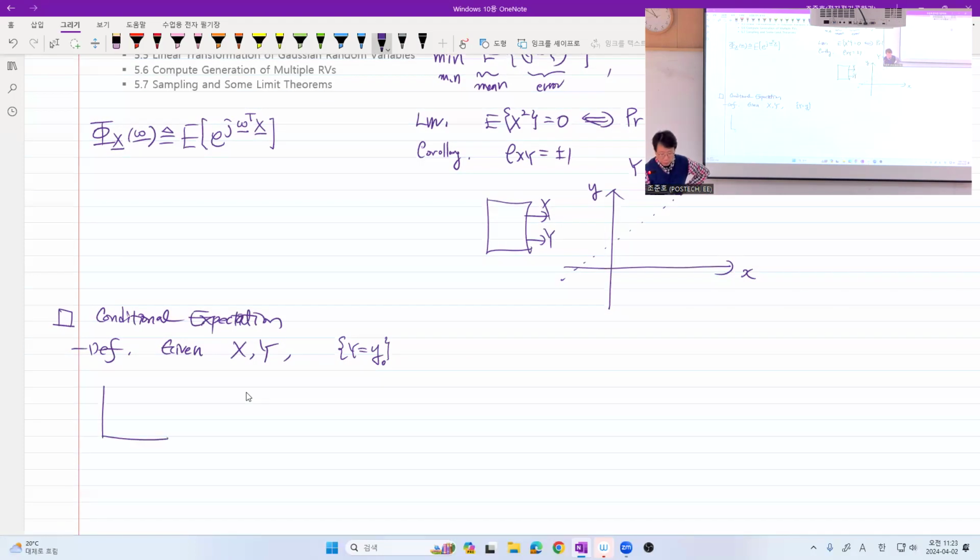Okay. Think about this source. Suppose I just hide the outcome from the upper branch and let you observe the output in the lower branch. And you have observed y0. Now I am asking, what would be the expectation of x given this event? That is the conditional expectation we are going to define.